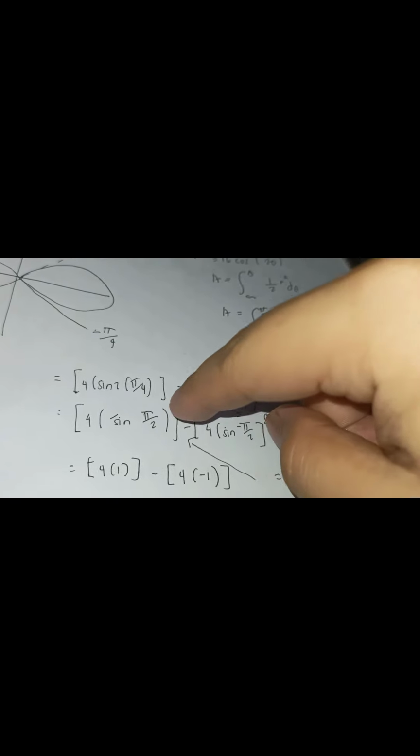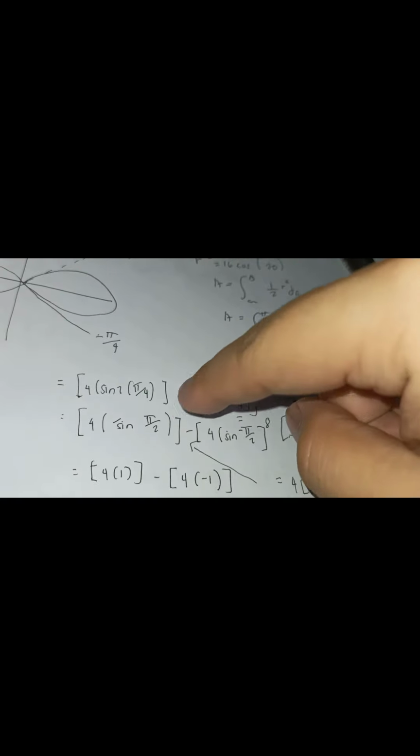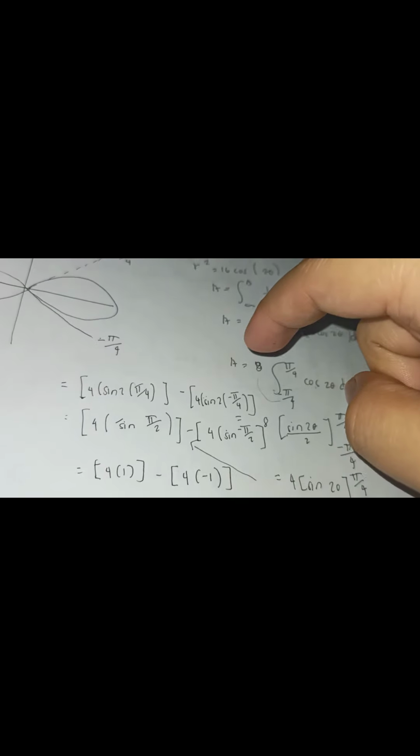So that is 4 times sine pi over 2 minus 4 sine of negative pi over 2. Ouch, my back, it hurts.